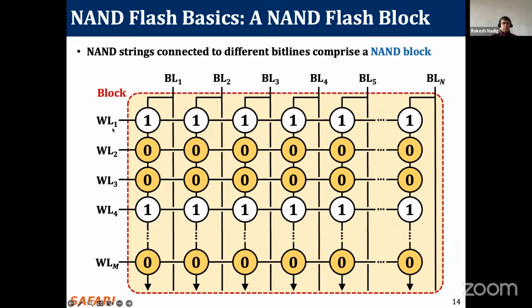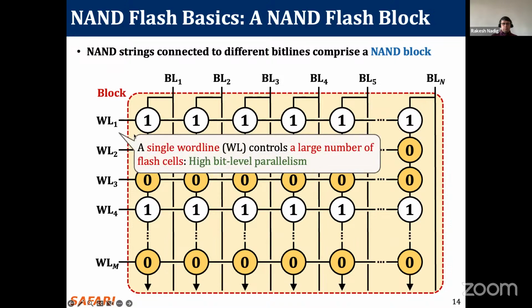We also see the word line, where these flash cells are connected in a horizontal manner so that we can operate these flash cells at the same time. These word lines typically form the page that we talk about in NAND flash memory, which we saw earlier, where we stored all the operands. So a single word line controls a large number of flash cells, and it provides high bit-level parallelism.